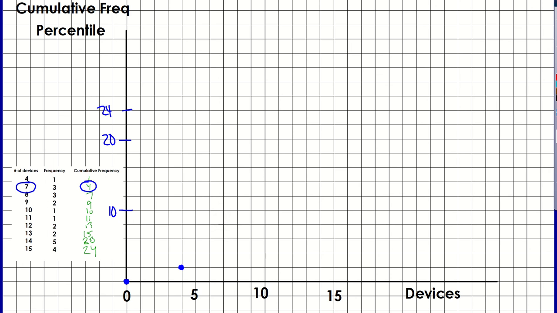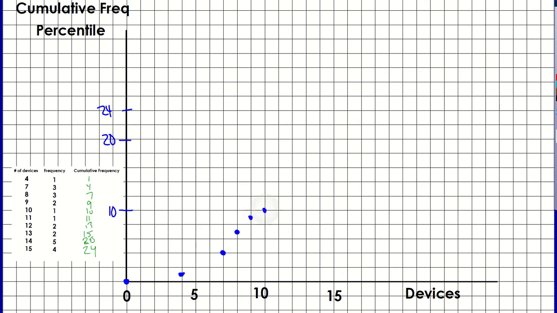I forgot I scaled this. Sorry about that. So 1, and then at 7 devices, the cumulative frequency was 4. At 8 devices, the cumulative frequency is 7. At 9 devices, the cumulative frequency is 9.